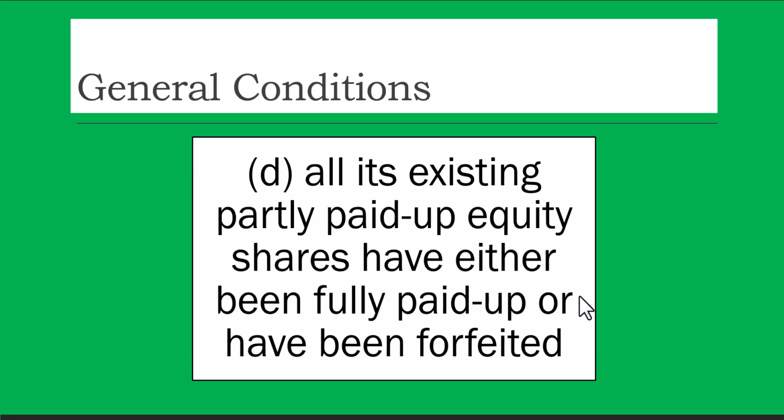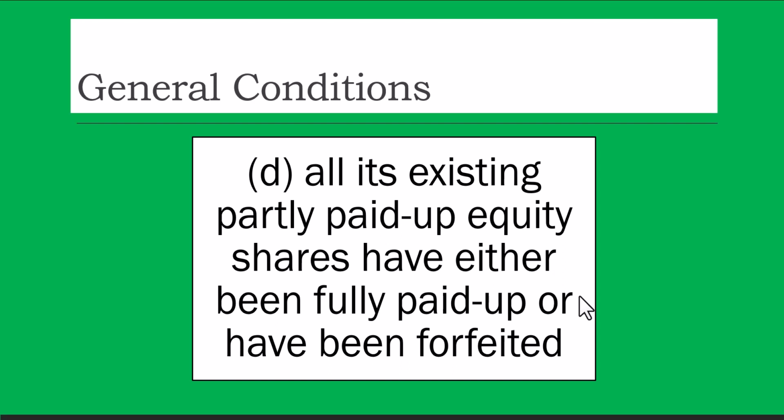Okay. And last, all its existing partly paid up equity shares have either been fully paid up or have been forfeited. So that's one general condition. If the company has to receive some money from the shareholders, it can be call money or whatever.